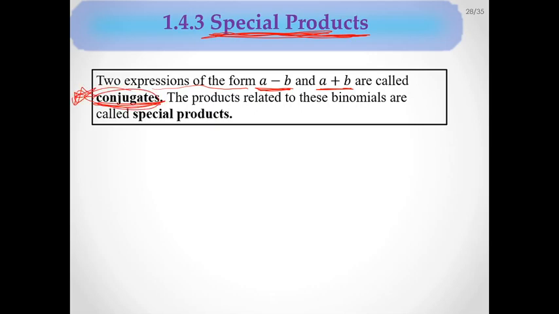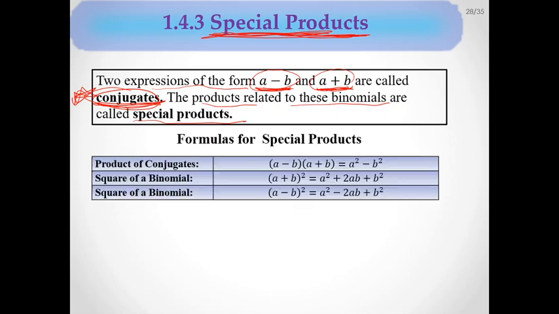If someone asks you what is the conjugate of a minus b, you say a plus b. What's the conjugate of a plus b? It's a minus b. They are conjugates of each other. And the products related to these polynomials are called special products. So we will have some formulas for their products.